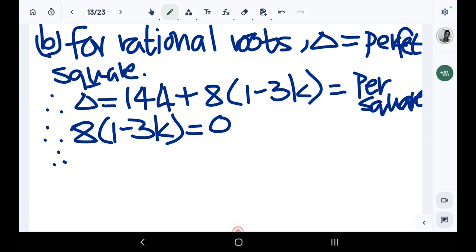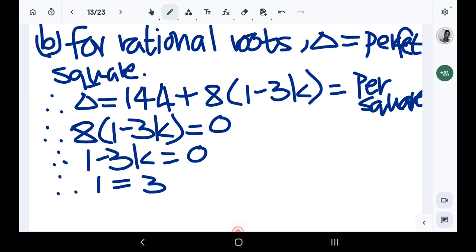Now let's solve. Therefore, 1 minus 3k, dividing both sides by 8, equals 0. Take the 3k to the right hand side, then divide both sides by 3. Therefore, k equals 1 over 3.